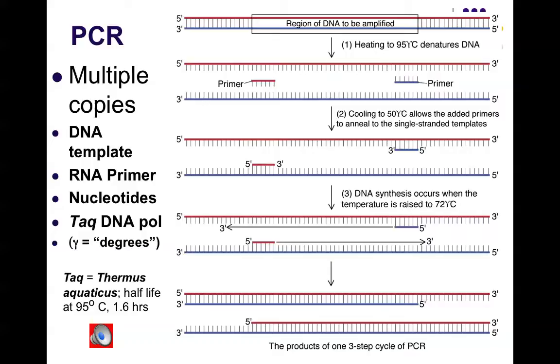Prior to using the DNA polymerases from thermophiles, the DNA polymerase used in the early forms of PCR was from E. coli. E. coli grows at mesophilic temperatures, or basically human body temperature or room temperature. So the DNA polymerase of E. coli cannot tolerate the extreme heating that has to be performed in the first step of polymerase chain reaction.